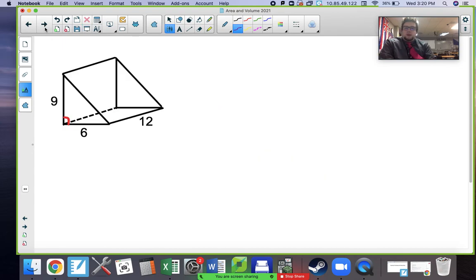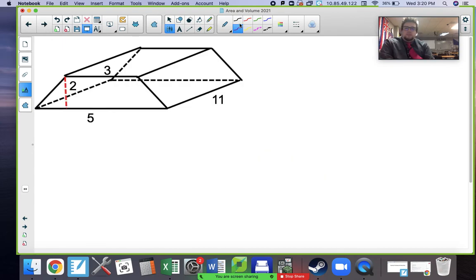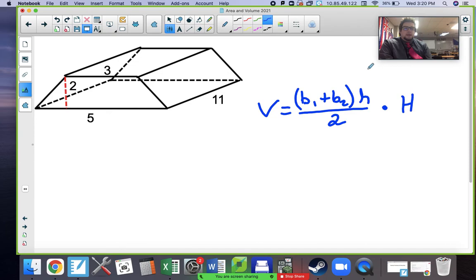And then last, we'll practice a trapezoidal prism. We find the volume is base 1 plus base 2 times the height divided by 2. And we're going to multiply by how tall this prism is.